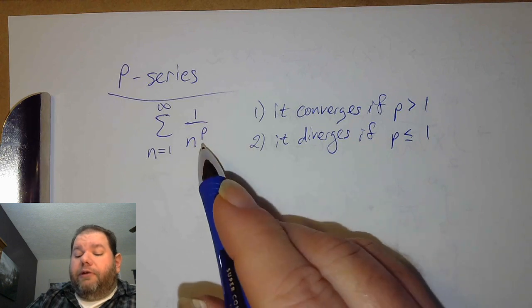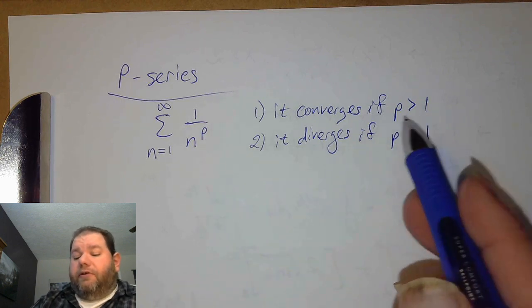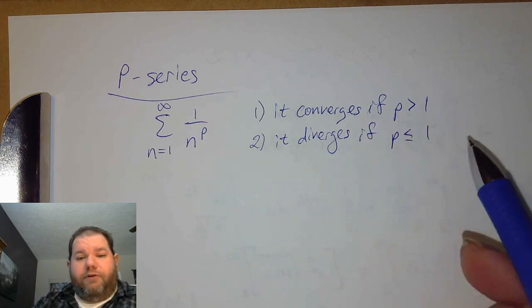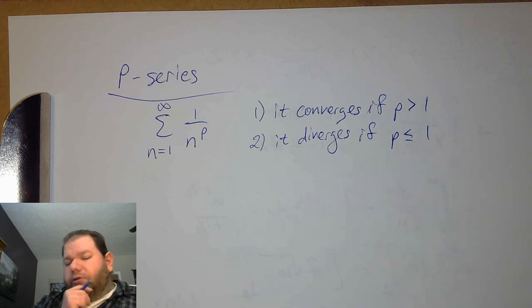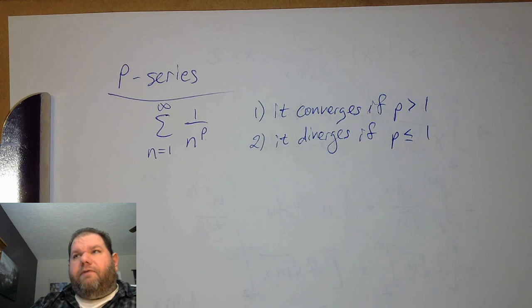All we have to do is look at the value of the exponent and then determine if it's converging or diverging based on that. Again, we don't know exactly what it converges to. 1 over n squared, for instance, I believe converges to pi squared over 6. I've actually seen a proof for that. It's pretty crazy. I don't know if I have that where I can post it for you. But anyway.